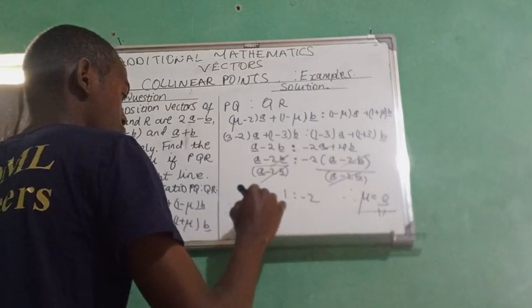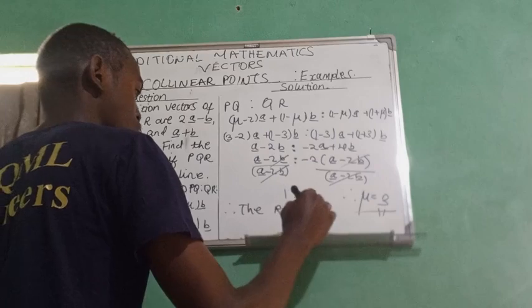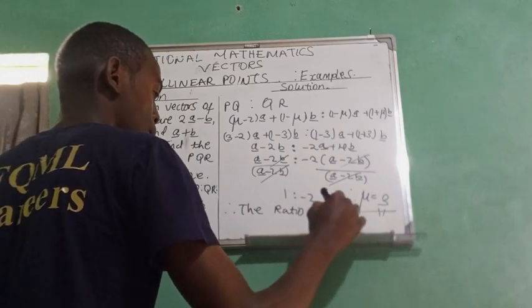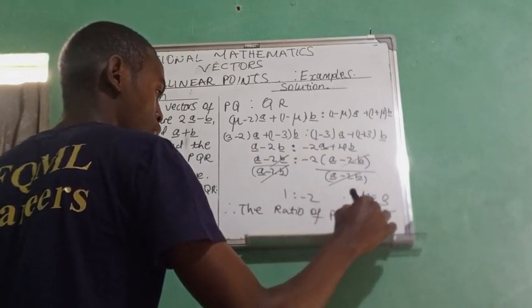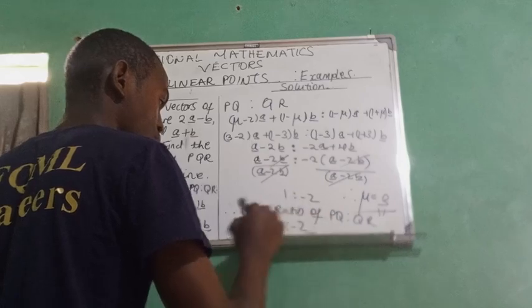Therefore the ratio of PQ to QR is 1 to negative 2.